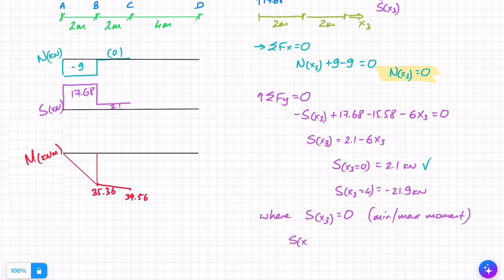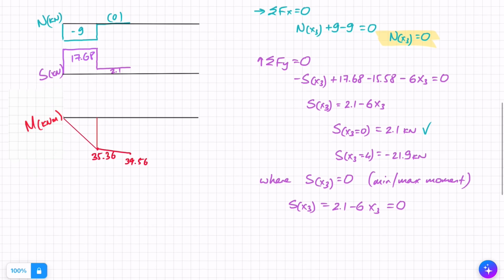So S x3 equals 2.1 minus 6 x3. When that equals 0, I can see that 2.1 equals 6 x3, and x3 works out as 0.35 meters.